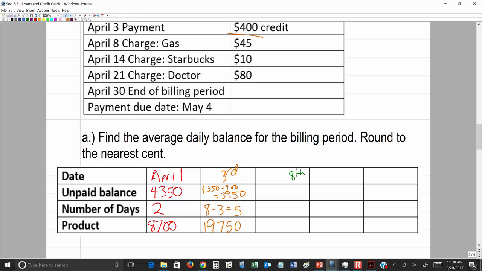Then on the 8th, you charge $45 for gas. So you take that $39.50 and add the $45, that's $39.95.